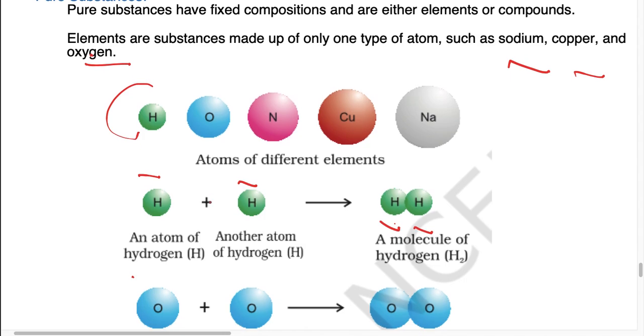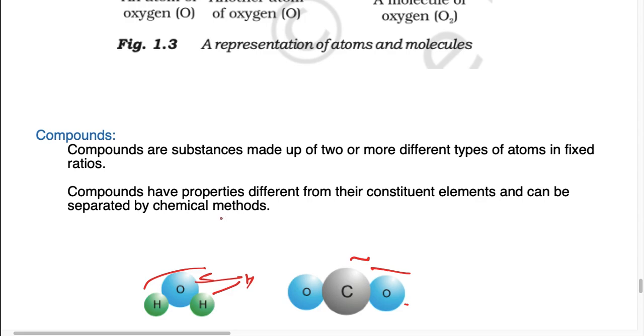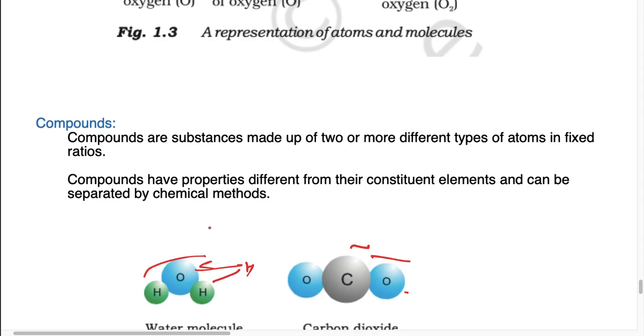If one type of atoms combine together, they will form one molecule, and we can say elements. And a compound is made of two or more different types of atoms.